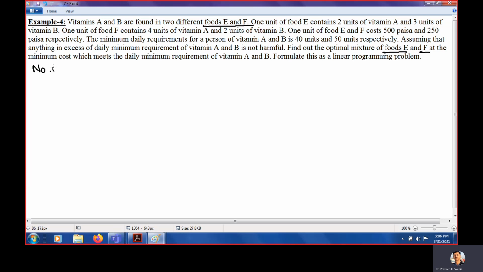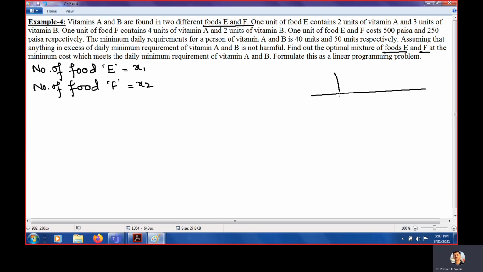So number of food E is equal to x1, and number of food F type is x2.